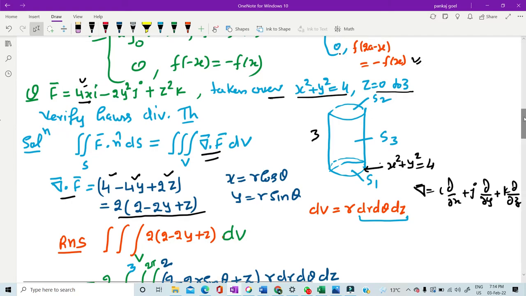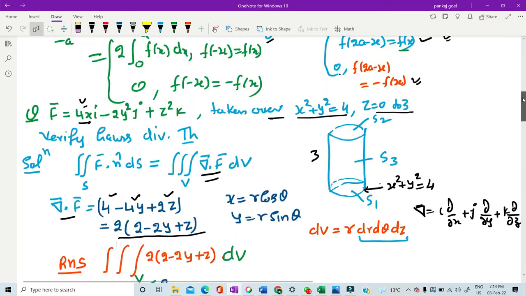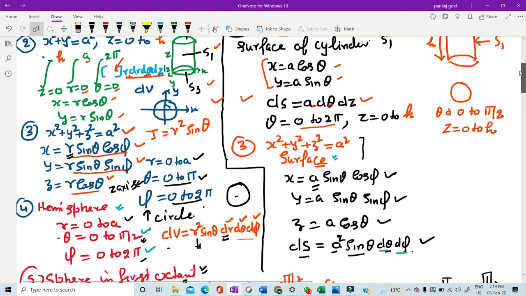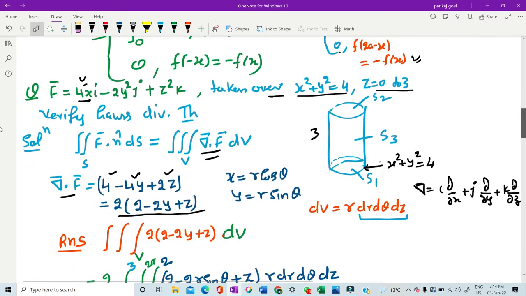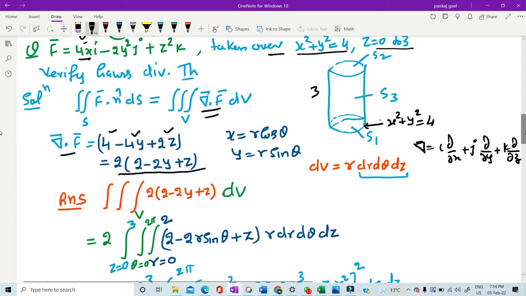Now we want to solve this integration as we discussed earlier. For the cylinder we will take x equal to r cos theta, y equal to r sin theta, and dv equal to r dr d theta dz.